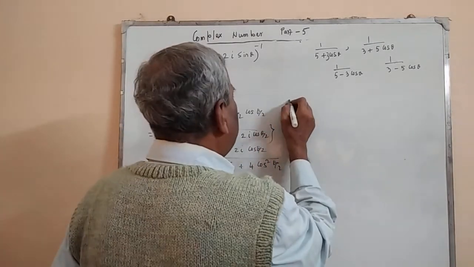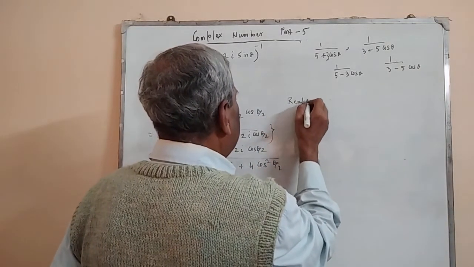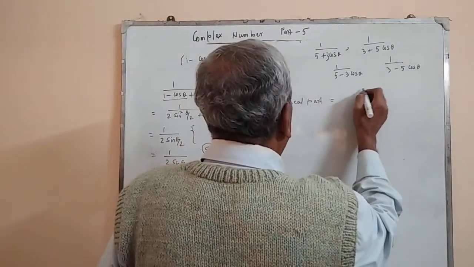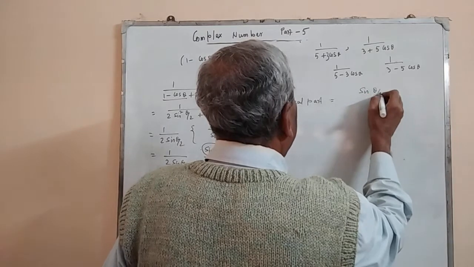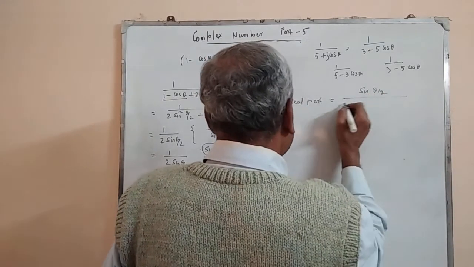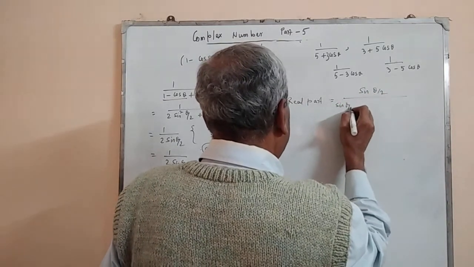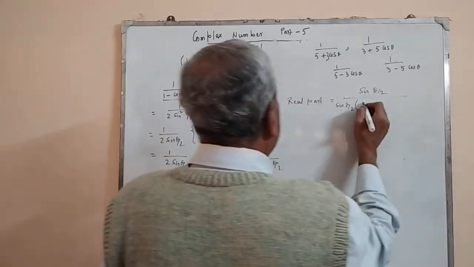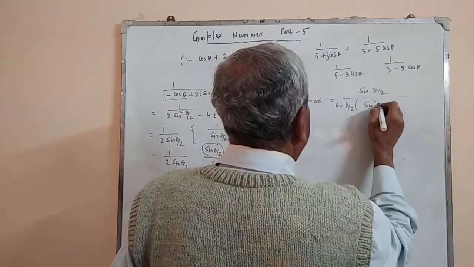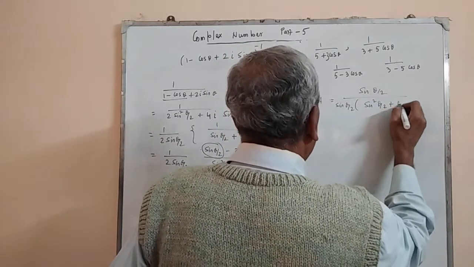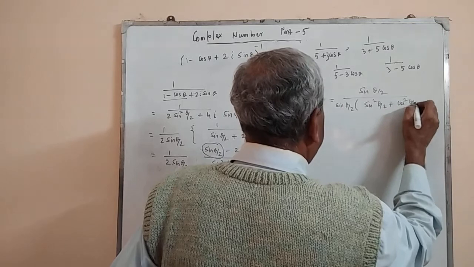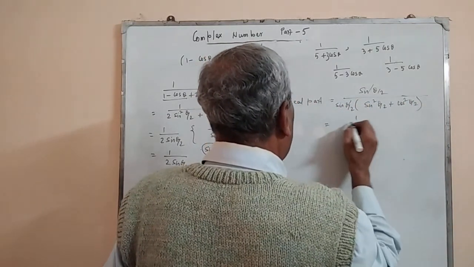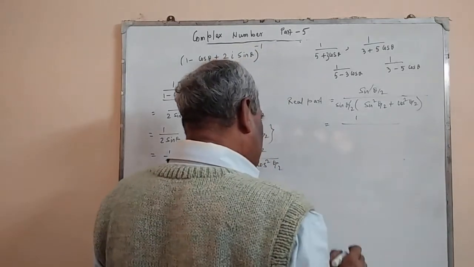So the real part is equal to sin theta by 2 by sin theta by 2 into (sin square theta by 2 plus 4 cos square theta by 2). You see, sin theta by 2 cancels.